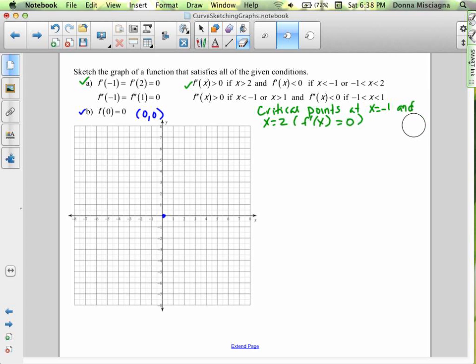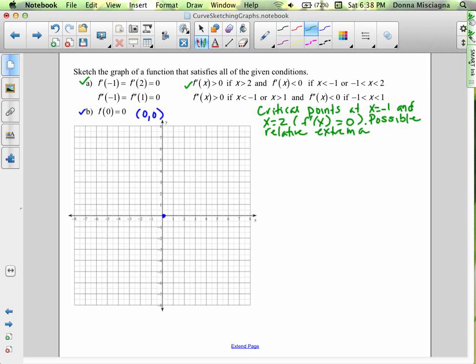So let's just put possible relative extrema. At least they are the candidates, right? Those are the only candidates. All right, so let's see what else it says. All right, so we have two possible relative extrema.